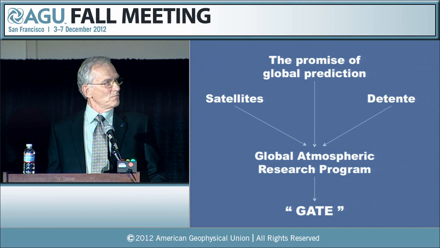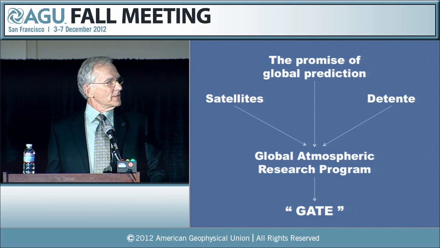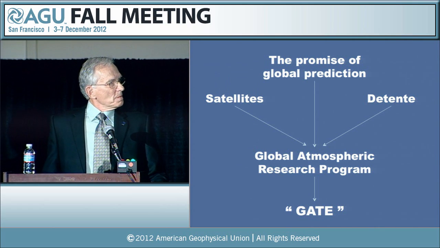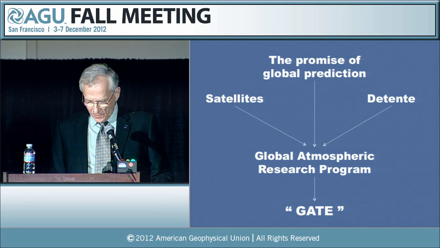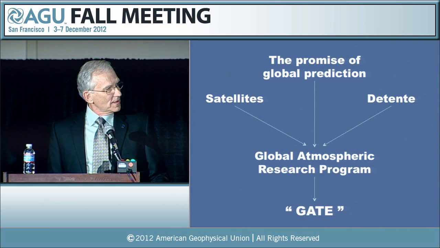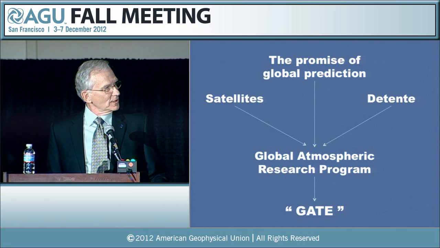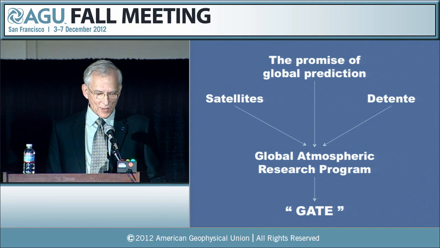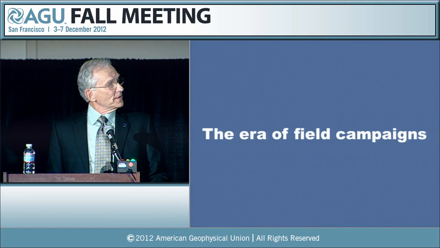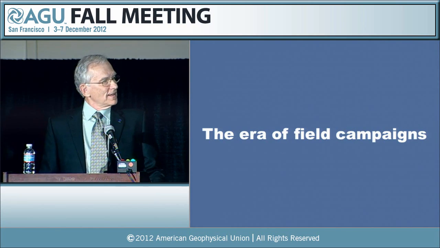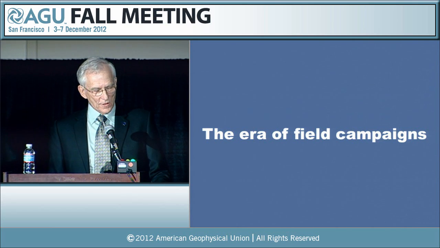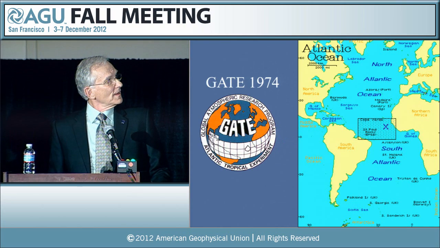This led to the Global Atmospheric Research Program, and its first big effort was a campaign to try to understand better tropical convection via a field experiment called GATE, the Global Atmospheric Research Program Atlantic Tropical Experiment. It still stands as the largest of the field campaigns, and it also is the beginning of this era of major field campaigns over the oceans in the satellite era.